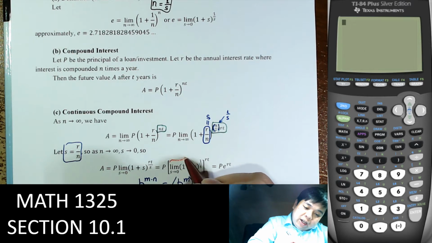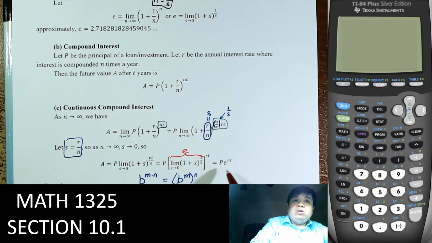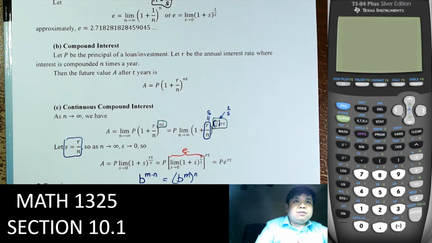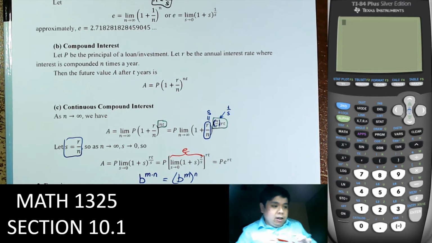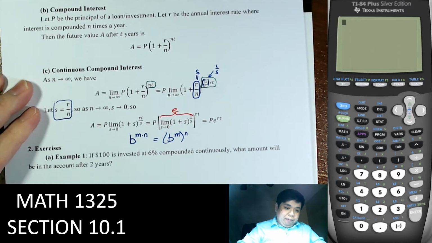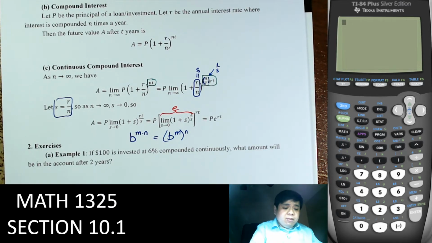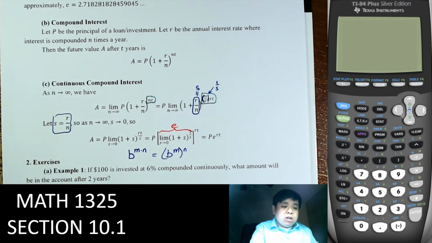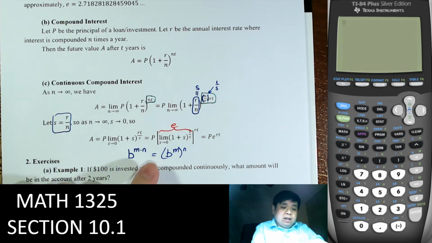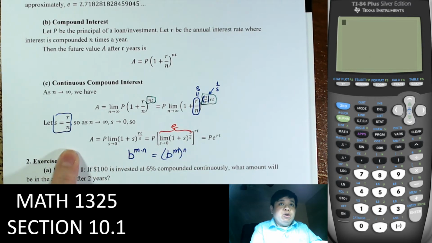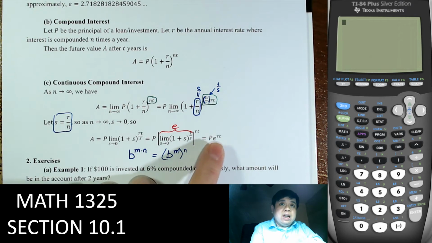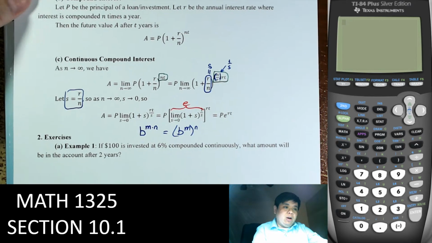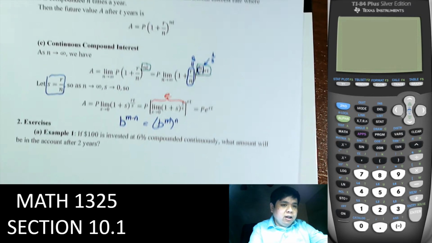The bracket here is equal to e. So we have P times e to the rt. That's why continuously compounded interest is given by future value equal to P times e to the rt.